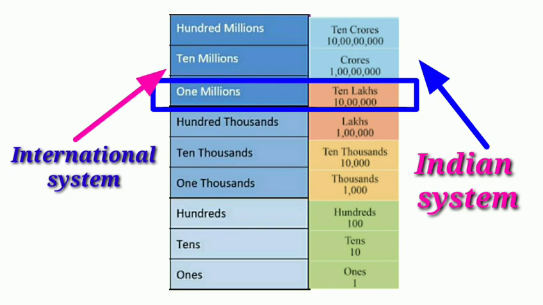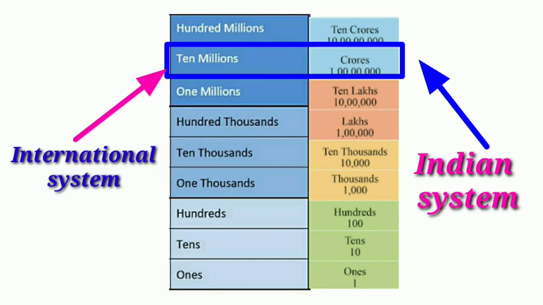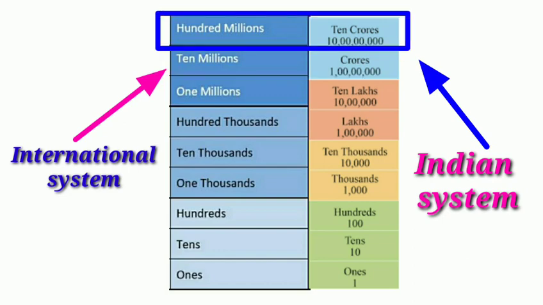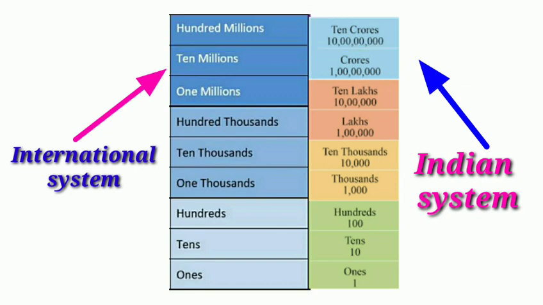So remaining also you observe. 1 crore in Indian system, in international system 10 million. 10 crore means 100 million. 100 crore means 1 billion. These are the differences between Indian system and international system.